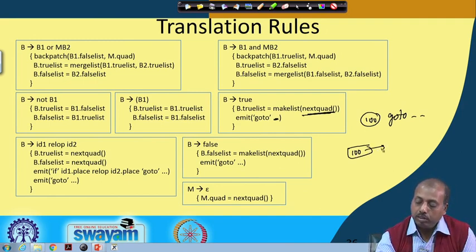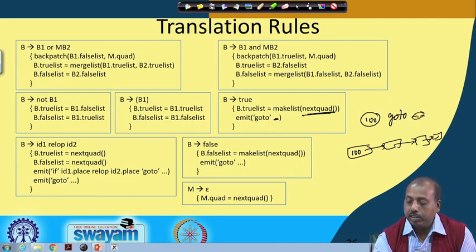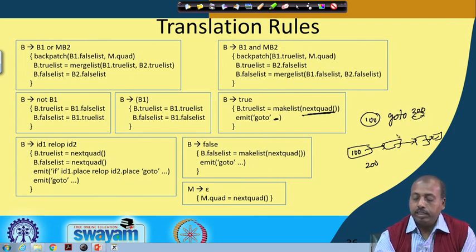All these will be put into this chain, and that will be called B dot true list, and they will be backpatched when this goto target is known. So, all these places will be filled up. Say the target becomes 200. I will be writing 200 here in that case. So, the code will be corrected.